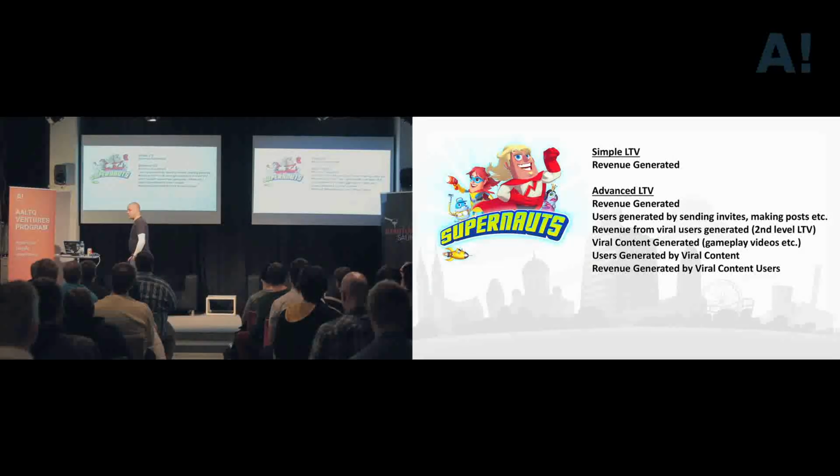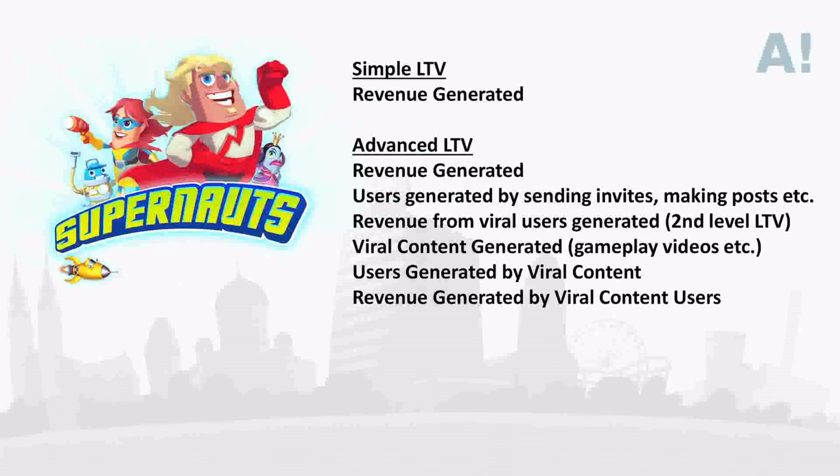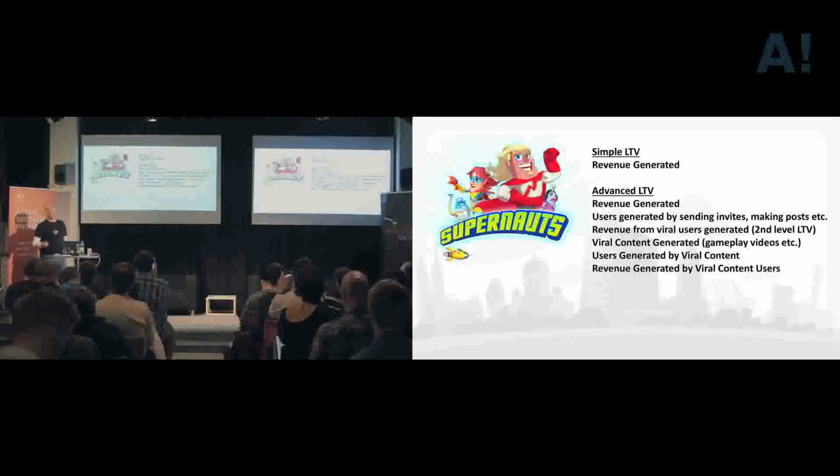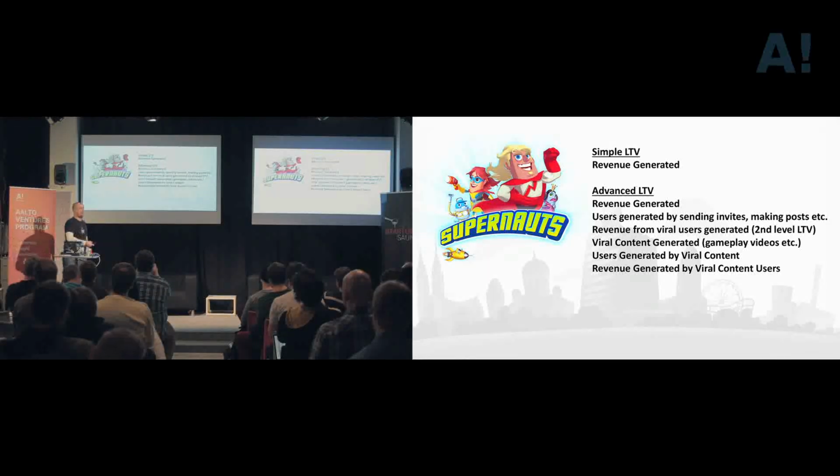And as I mentioned, in Supernauts it's revenue generated, users generated, viral content. That's where things come in for us: users generated by viral content. So we're going to try and keep track of it. If a user posts a lot of cool videos of our game to YouTube, we're going to try and find a way to figure out that this is a user who influences the creation of other users, and then attribute the value to that.